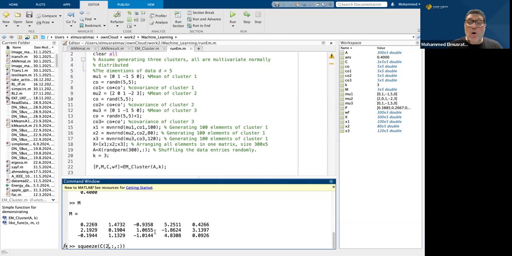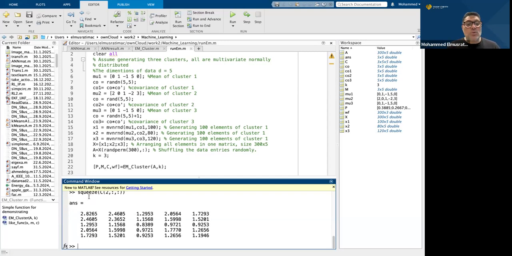So why do I use squeeze here? Because for the covariance I use cells, not a matrix. It is cells because I have k number of clusters, and in each cluster I have a two-dimensional covariance. So I use cells instead of using a matrix.